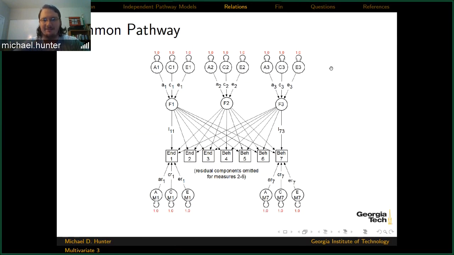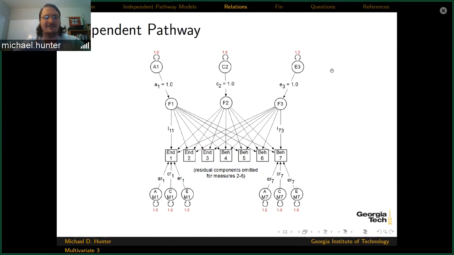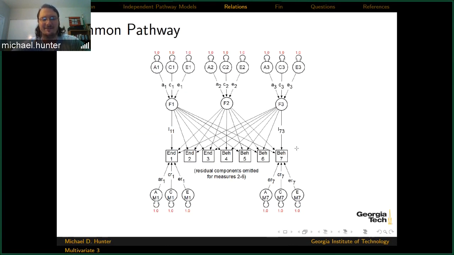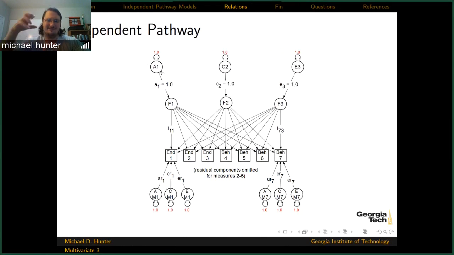Now the independent pathways model can be viewed as a special case here, where you've got a special kind of factor structure. If we go back, essentially you've put the biometrics in with the psychometrics and merged them in with the independent pathway model.